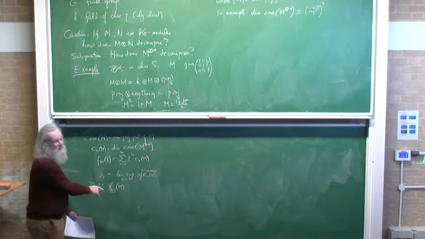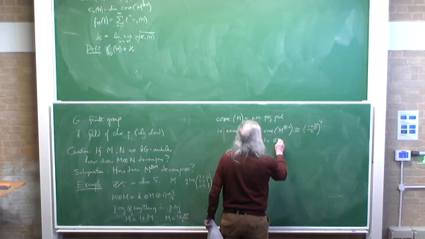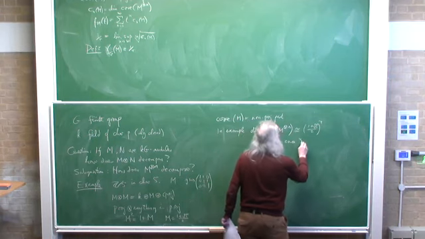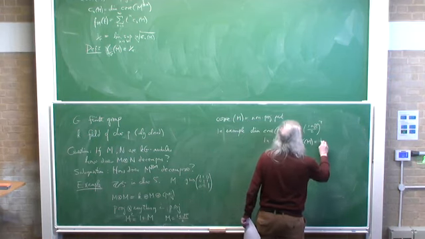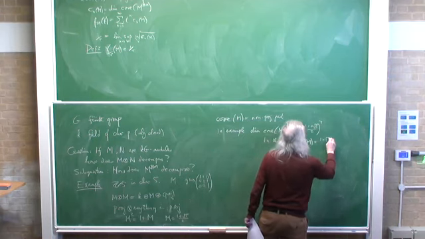And in this case, gamma of M is just 1 plus root 5 over 2.